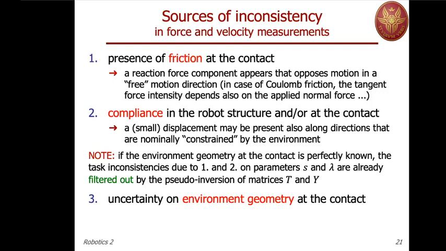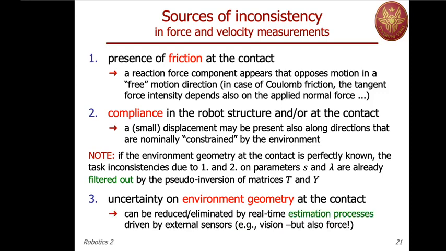So when you have uncertainty on the environment geometry, problems become more critical, especially if you combine them with friction and compliance. However, at that stage, you can decide to use all the information that you collect while executing the task, so while controlling velocity along the tangent direction to the surface and force along the normal direction.